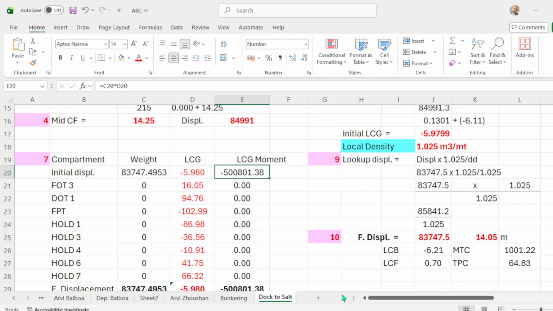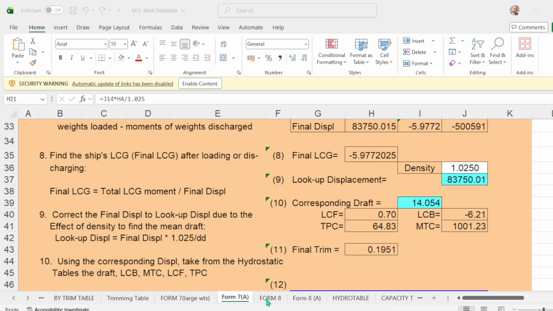And what will be the LCM is 0.70. LCB is negative 621. Negative 621 is LCB. Your MTC is 1001.23.